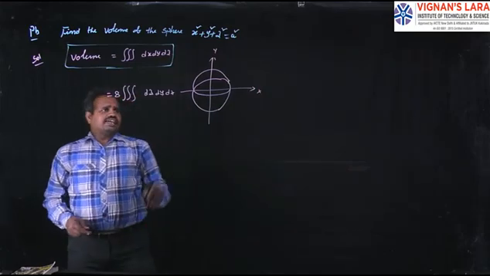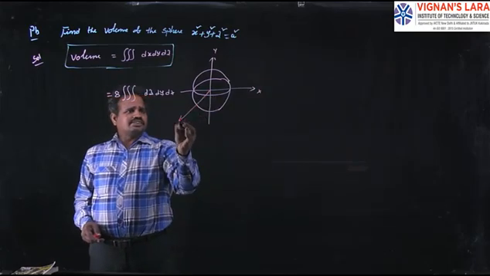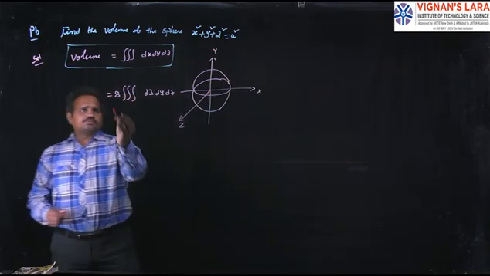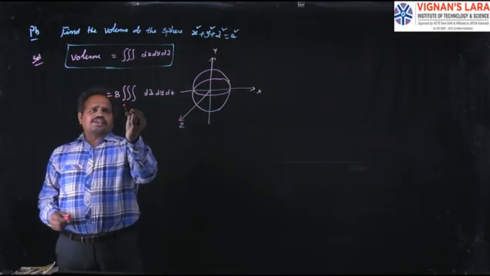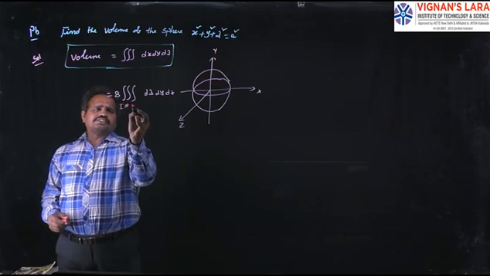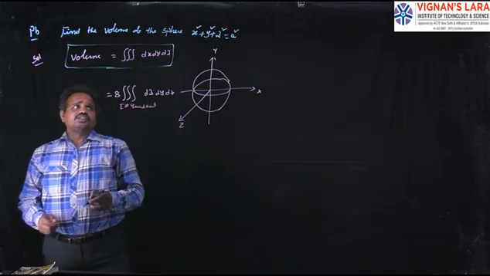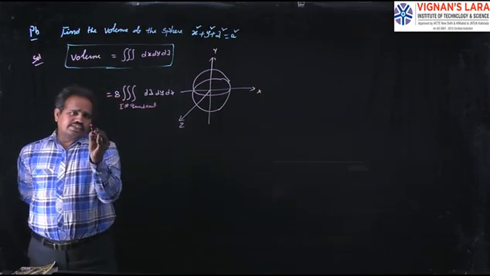So the z-axis is also existing. This is the z-axis. 8 equal parts it will be divided. So 8 parts means 8 into the integral over the first quadrant. So first quadrant limits. So we have to calculate the limits.